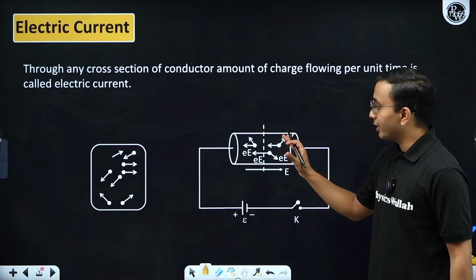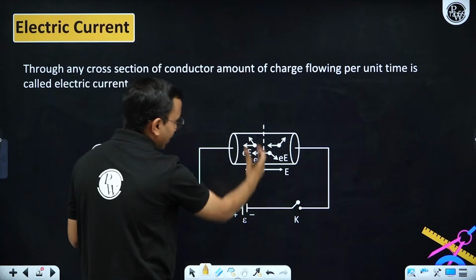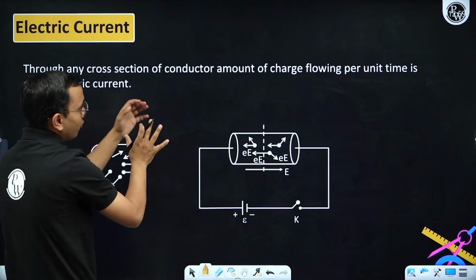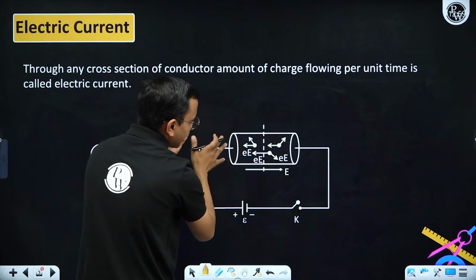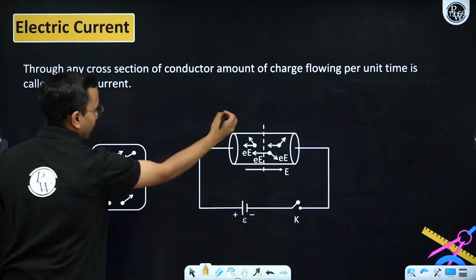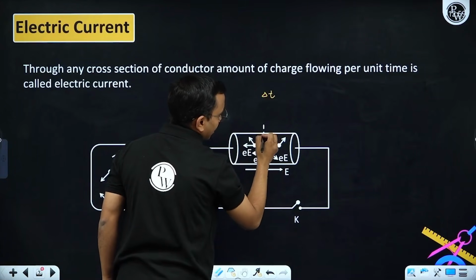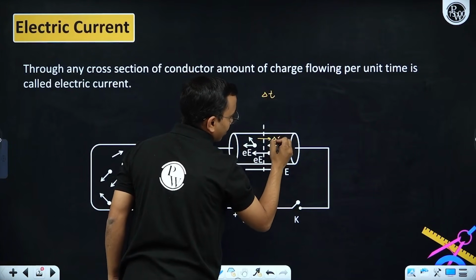What basically is current? Let us take a conductor. If I take any cross section, the total amount of charge crossing that cross section per unit time is equal to my current. Let us take an interval delta t, in which the charge crossing here is delta q.